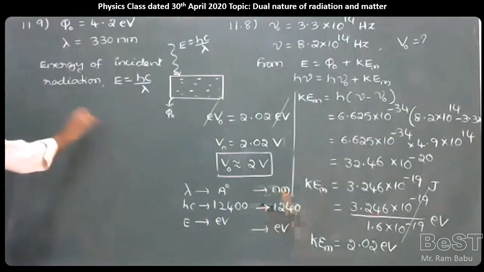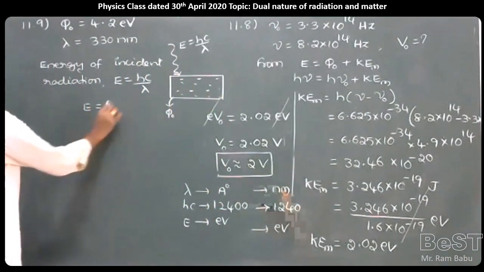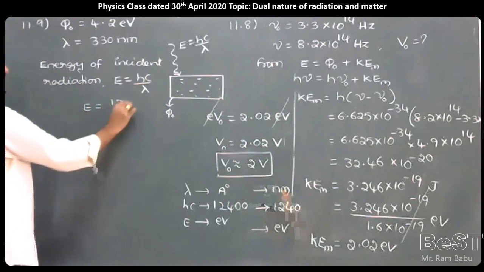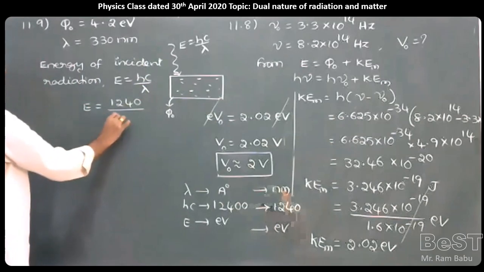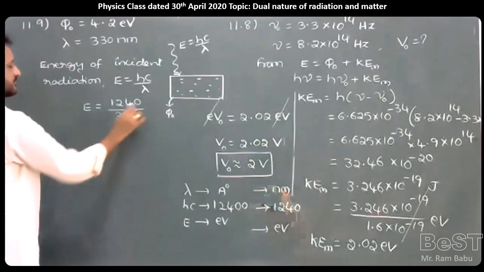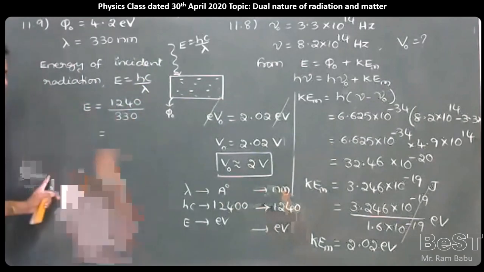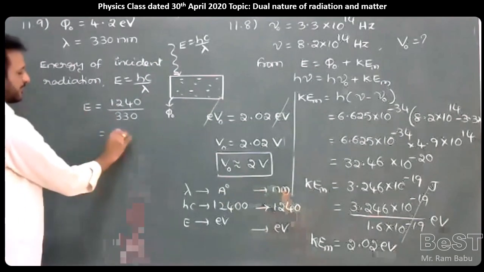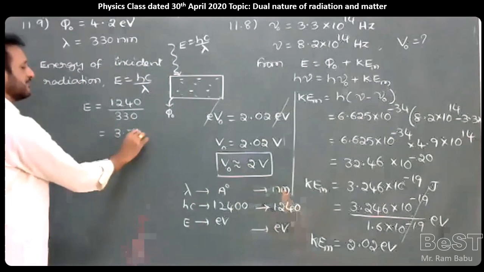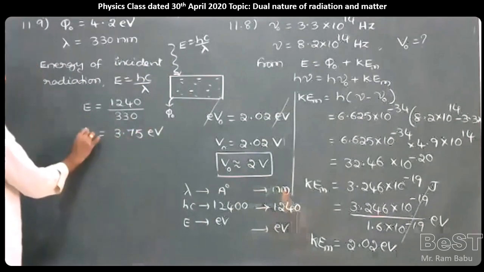Now I'll write here E is equal to hc, in place of which I am writing 1240, divided by lambda, which is 330. Divide the value, 1240 by 330, and we get 3.75 electron volt.